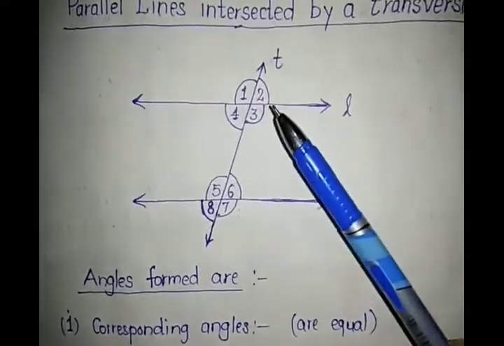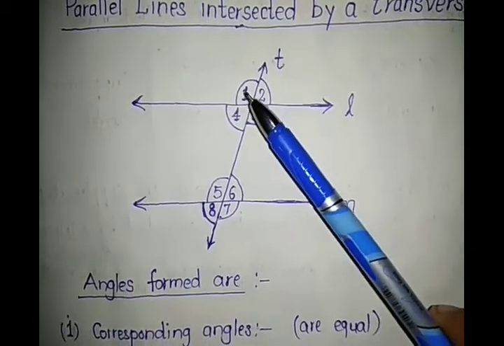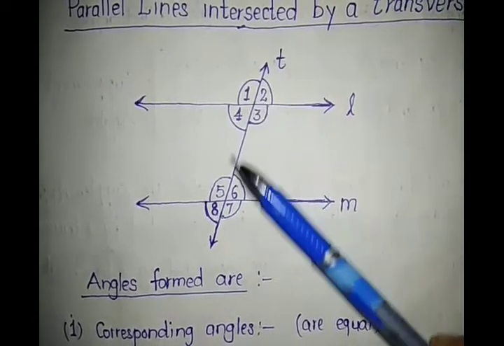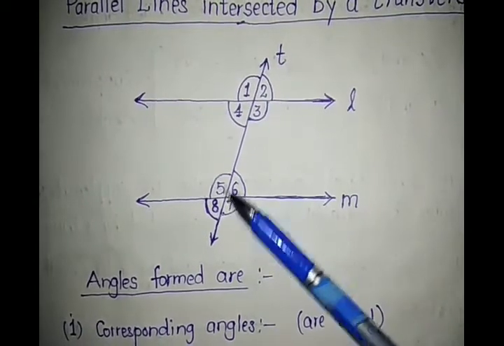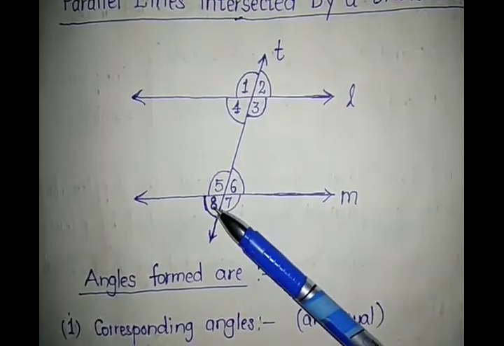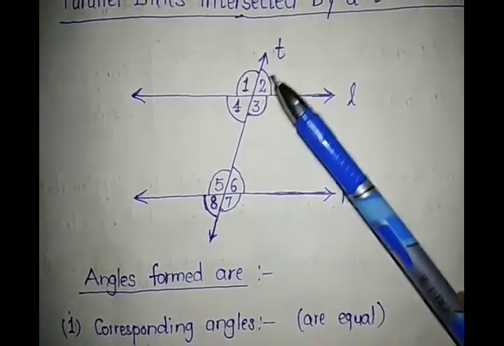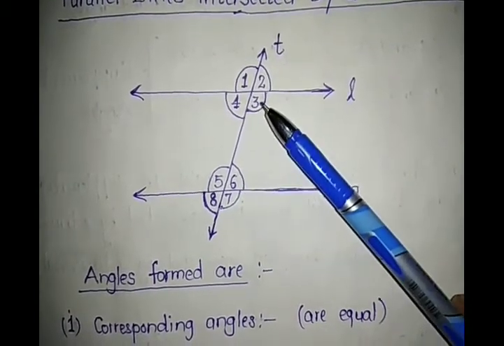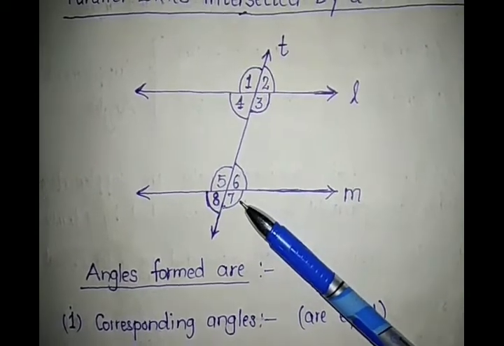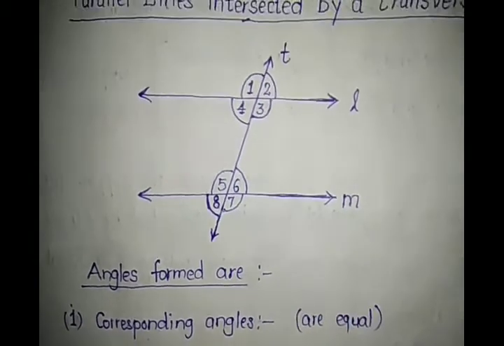In this figure, you see that angle 1 and angle 5 are corresponding angles. Similarly, angle 4 and angle 8 are corresponding angles, and angle 2 and angle 6 are corresponding angles. Similarly, angle 3 and angle 7 are also corresponding angles.